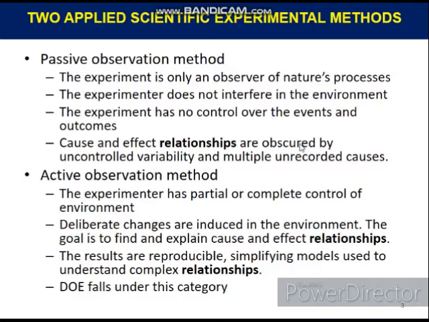In summary, the passive observation method is where you actually observe what happened. You do not interfere. You do not control the parameters. You just observe what happened in the natural environment, and then you collect data. And based on the data that you collect, then you come up with a cause and effect relationship.